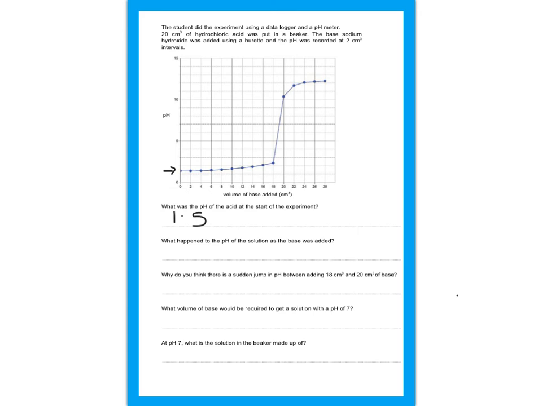What happened to the pH of the solution as the base was added? The pH increased, so it started to go up. Why do you think there's a sudden jump in pH between adding 18 and 20 centimetres cubed of the base as the solution began to be neutralised? What volume of base would be required to get a solution with a pH of 7?